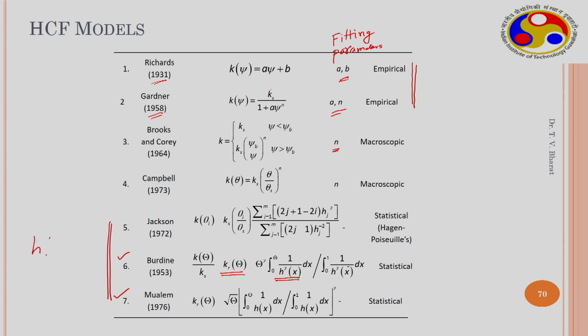If you have h of theta, we can directly substitute it here and we get an expression for the hydraulic conductivity function. So here we do not require any other fitting parameters. Whatever fitting parameters we established for the soil water characteristic curve can be directly used for the hydraulic conductivity function determination.